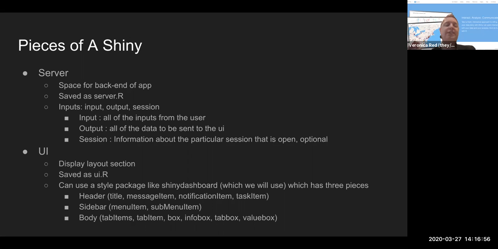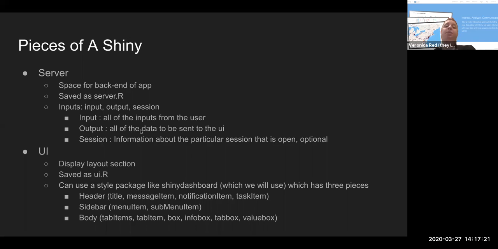It's called session. And this records all the different information about the particular session that's open, like IP addresses and stuff. But I generally do not use session unless I absolutely need to know who is using what Shiny. But generally I leave out session. And for the example today, we're just going to use input and output.